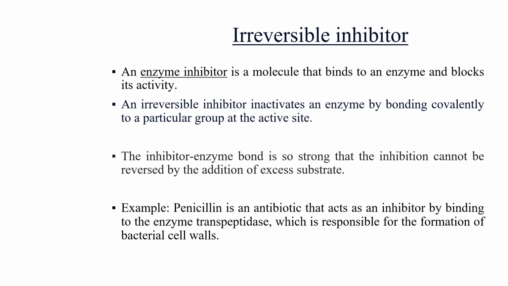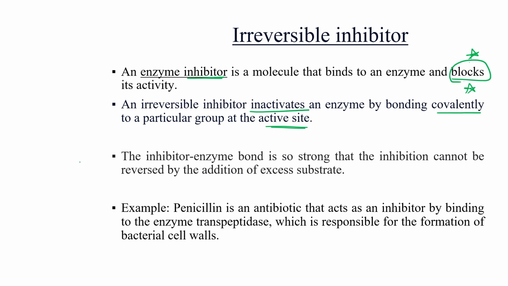An enzyme inhibitor is a molecule that binds to an enzyme and blocks its activity. An irreversible inhibitor inactivates an enzyme by bonding covalently to a particular group at an active site. This type of bonding is very strong, you can say very permanent.